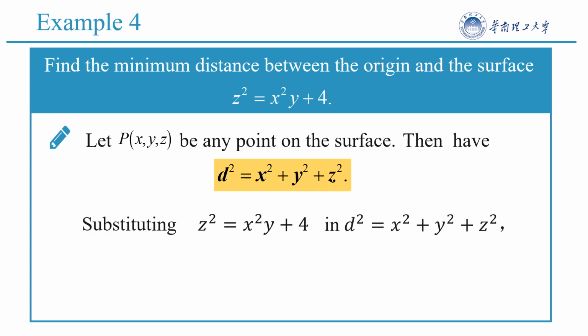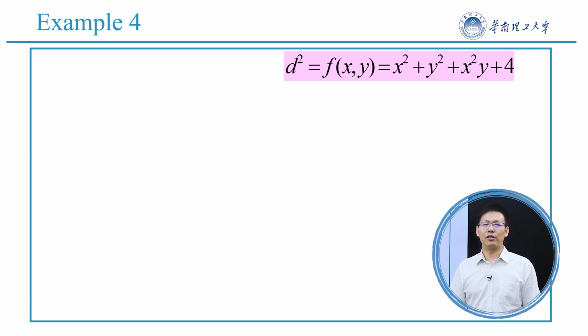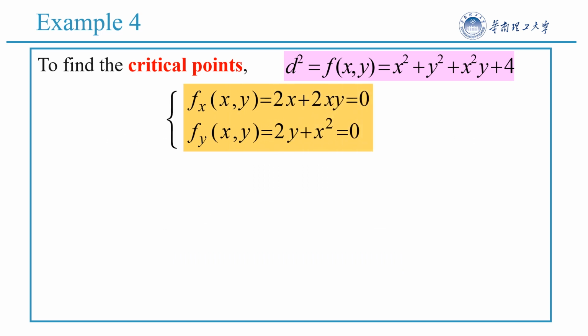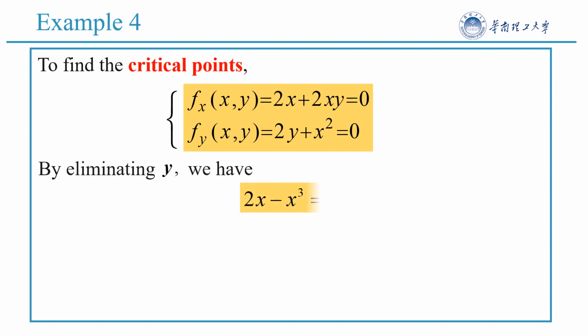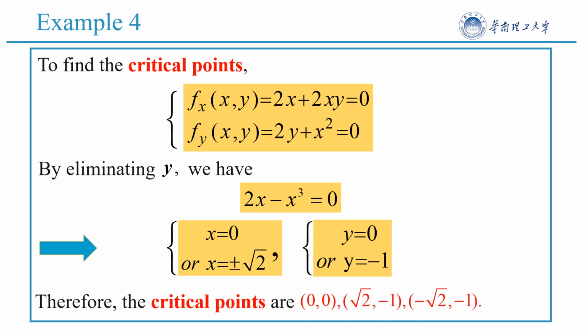Substituting this equation in the term d squared, we obtain d squared, denoted by f(x, y) equals this term. Note f has no singular point. We just find its stationary points. Let f_x and f_y equal 0. We have the following equations. By eliminating y, we have the expressions below. So, the critical points are these 3 points.